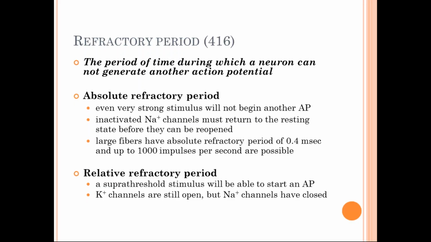The inactivation gate is closed, the activation gate is open in the sodium channels, and so sodium couldn't go in anyway. The relative refractory period is when everything's kind of going back, but hasn't gone back to its full resting state. So you could have an impulse, but it's going to take a lot. It's going to have to kind of force it. The door is kind of creaky still. So absolute, you can't, like I said, open an open door.